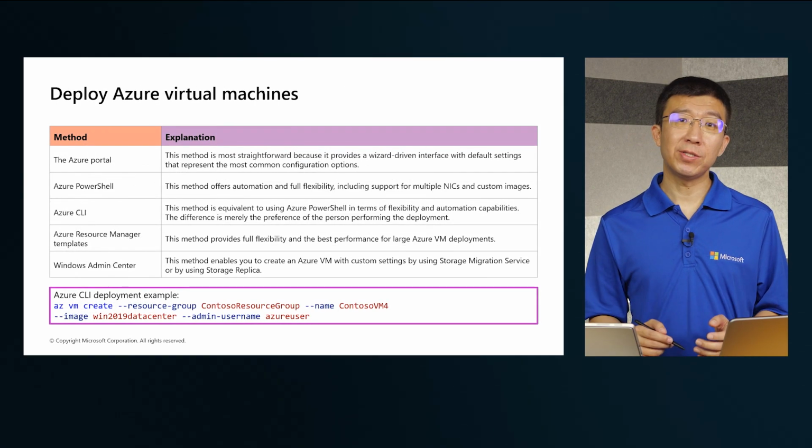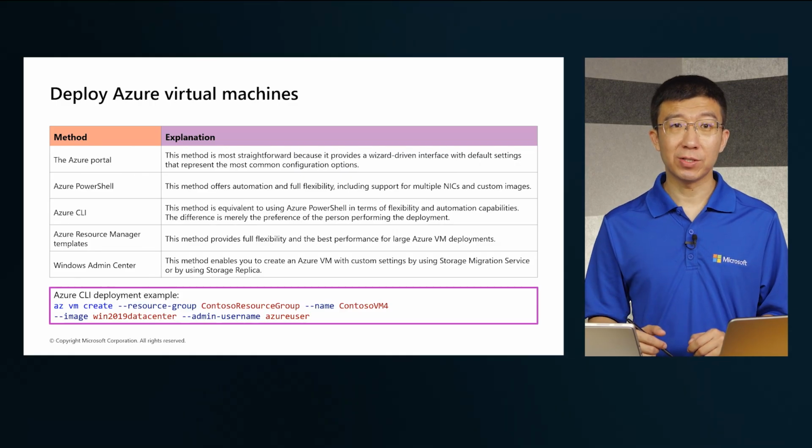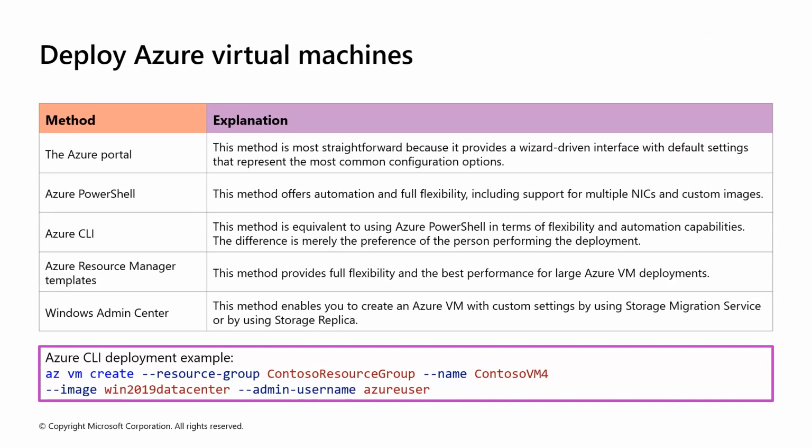There are several ways to deploy Azure virtual machines. From the Azure portal, it is a wizard-driven, user-friendly interface. Azure PowerShell offers automation and flexibility. Azure CLI is similar to PowerShell, but command line based.